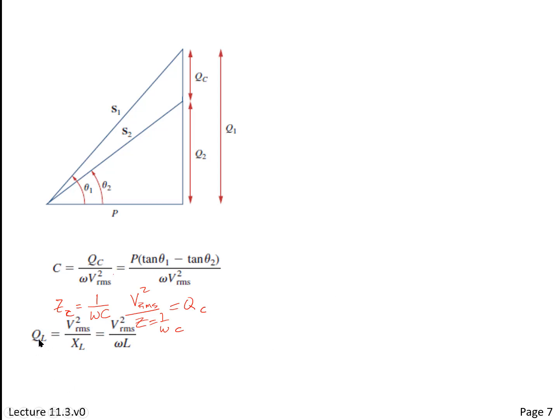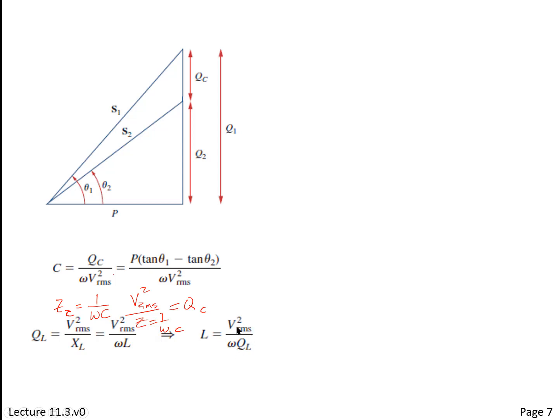The same thing can happen with the inductor. You get VRMS squared over X sub L, but that's omega L. So you notice omega times L here, and before it would have been omega times C, but then you'd solve for it. We end up with a solution for L by following that through. L is this, going through the same process.